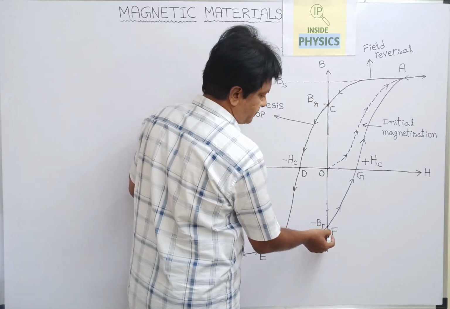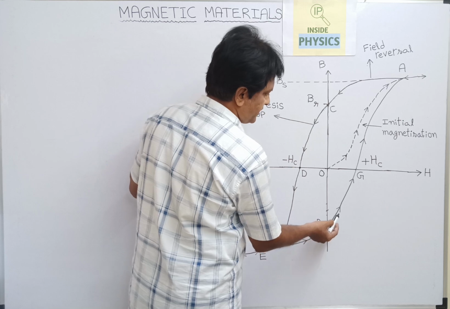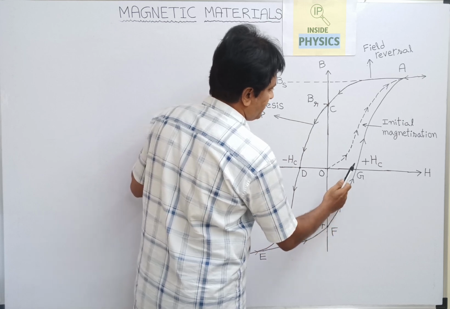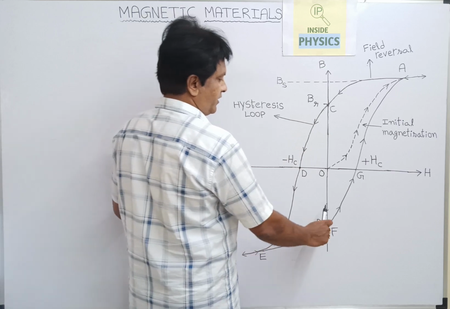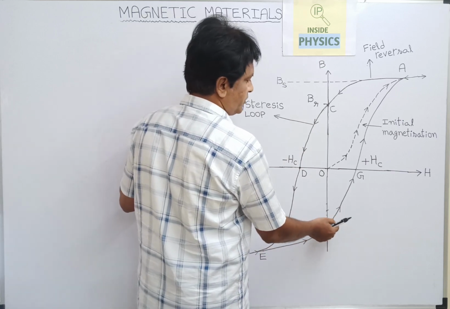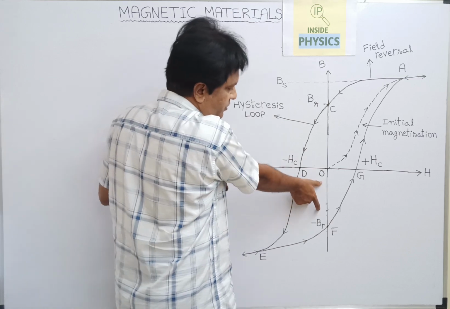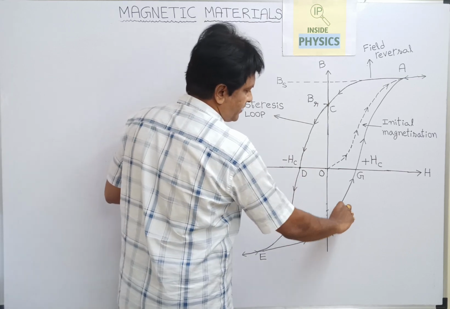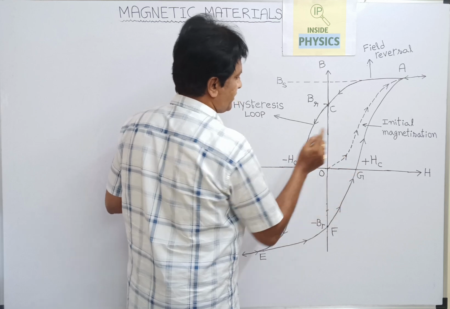Again you see, from here the magnetic field is increased and we have come to the positive side of the magnetic field. That means we have reversed the direction to increase the magnetic induction again. So this residual magnetization, after reversing the magnetic field, has come to zero here.